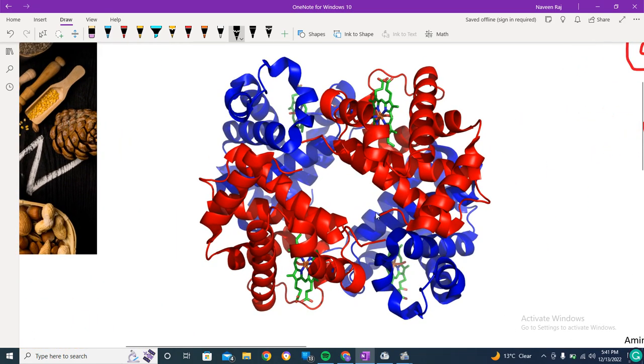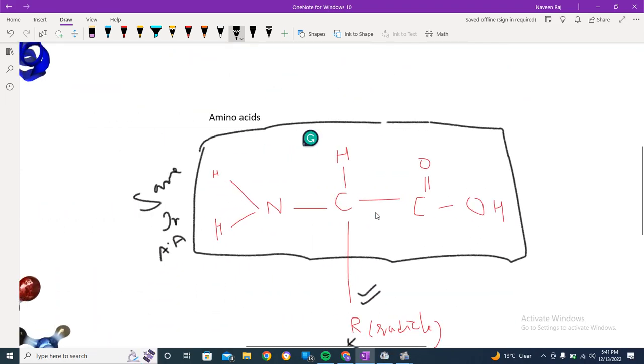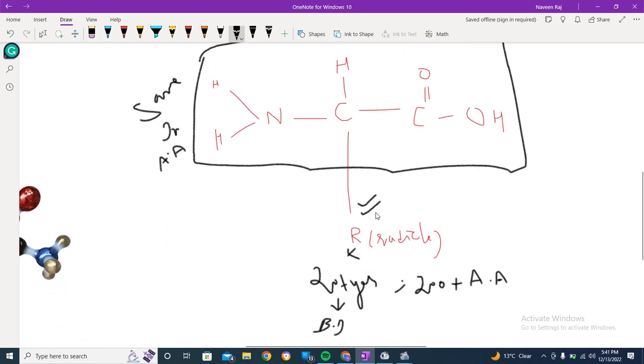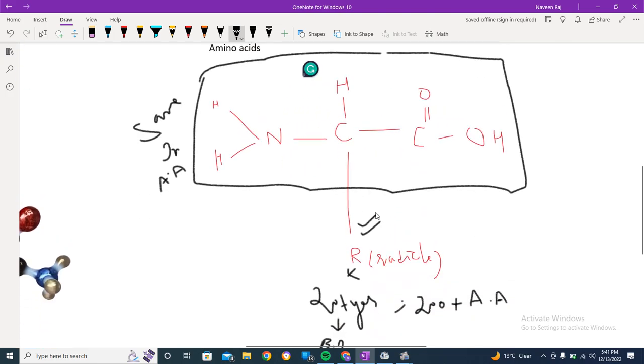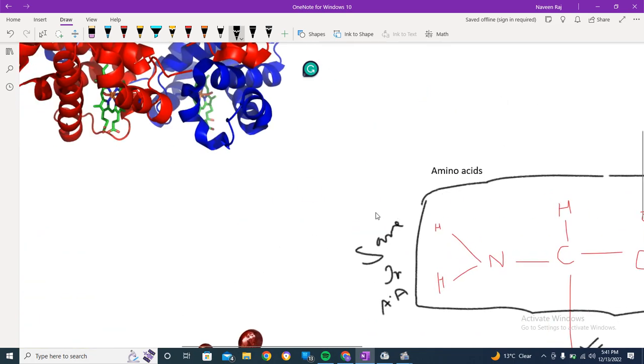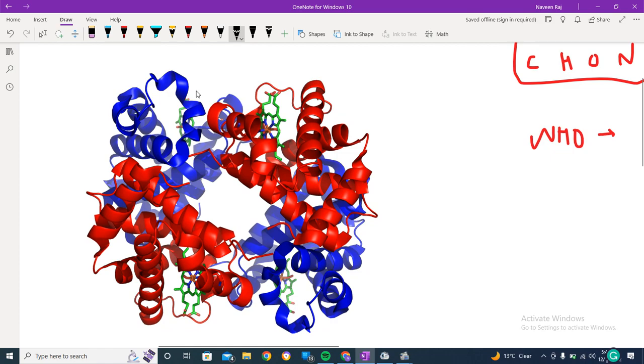This is one amino acid, this one molecule which I have shown you here. These combine to form proteins, joined by peptide bonds, and these peptide bonds form polypeptide chains. Amino acid chains are also called polypeptide chains, and they work as a single unit. Now this is the animated structure of a protein, and you're going to see how coiled and decoiled it is. You will get to know each of them in our later videos.